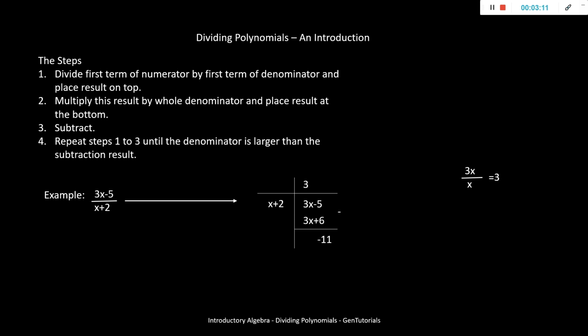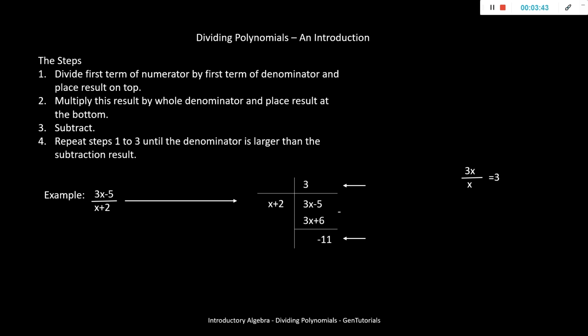So in such a case, now that we've done this, what would the final result be? What is the end result of dividing this polynomial? Well, before that, we have to understand which parts actually go into the final answer. We need to take the part on top, 3, and the part at the bottom, negative 11, for our final answer.